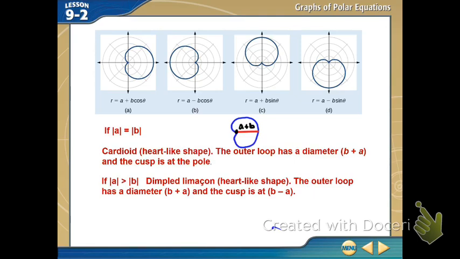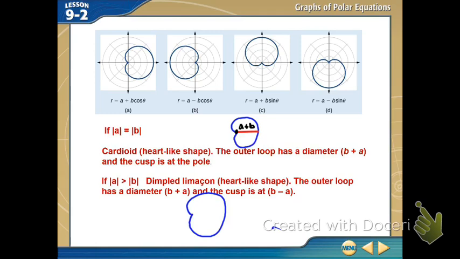Okay, and then if A is greater than B, we'll have what's called a dimpled limaçon. It looks a lot like a cardioid. It will probably be difficult for you to tell the difference, really. But we'll still have an outer loop, right, like this.